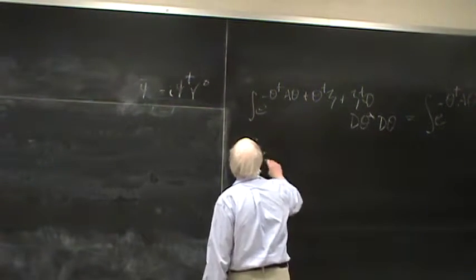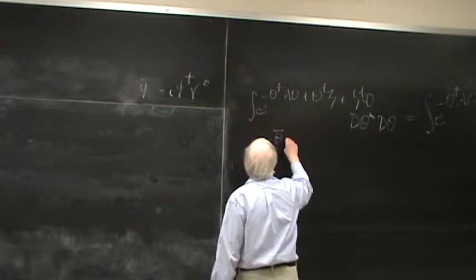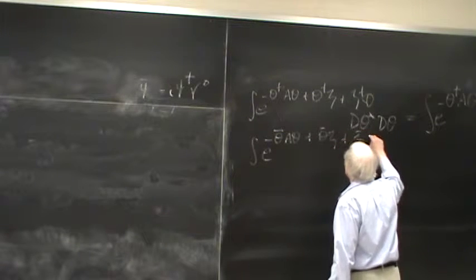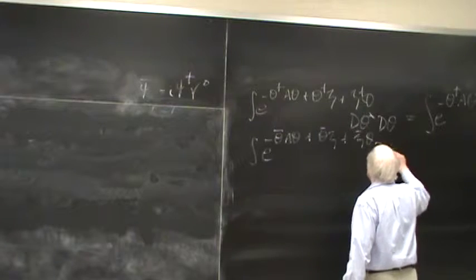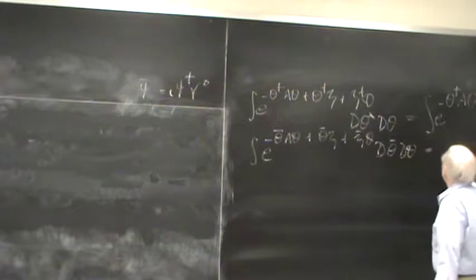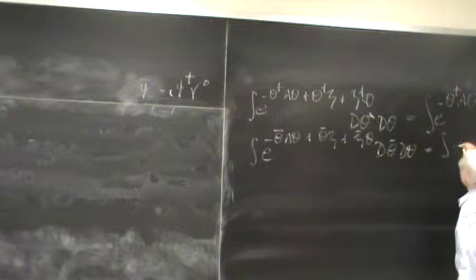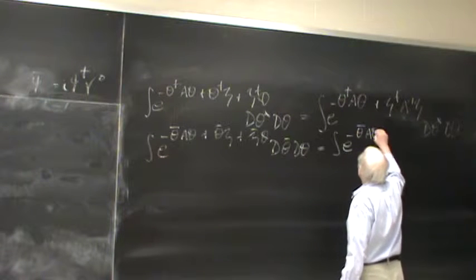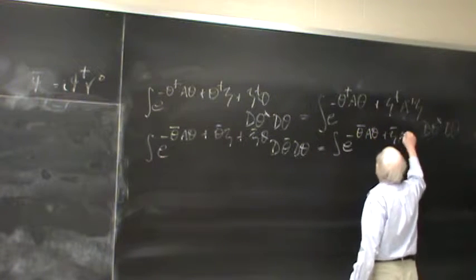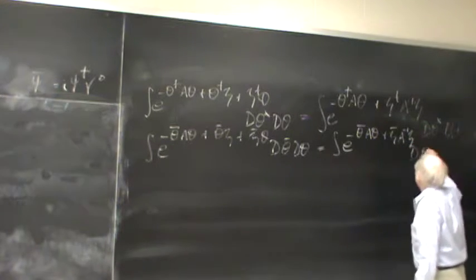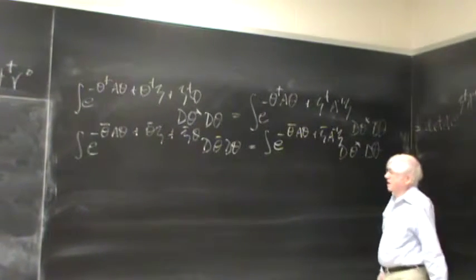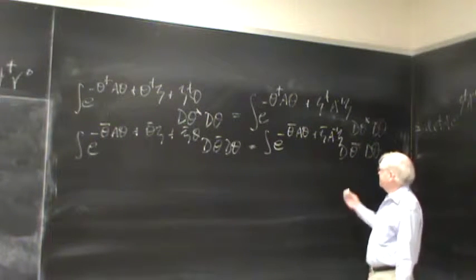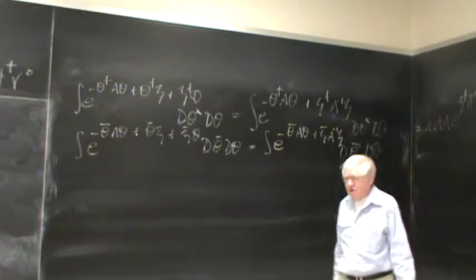You can then write this in the following way: the integral of e to the minus theta bar A theta plus theta bar zeta plus zeta bar theta, d theta bar d theta, is e to the minus theta bar A theta plus zeta bar A inverse zeta, d theta star d theta, or d theta bar d theta, I guess.